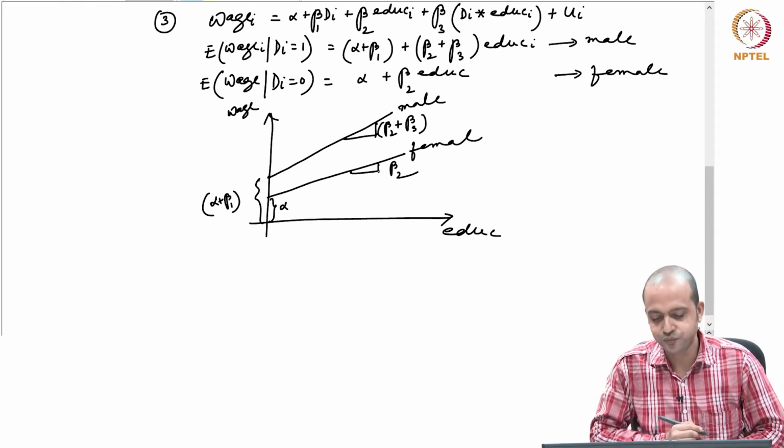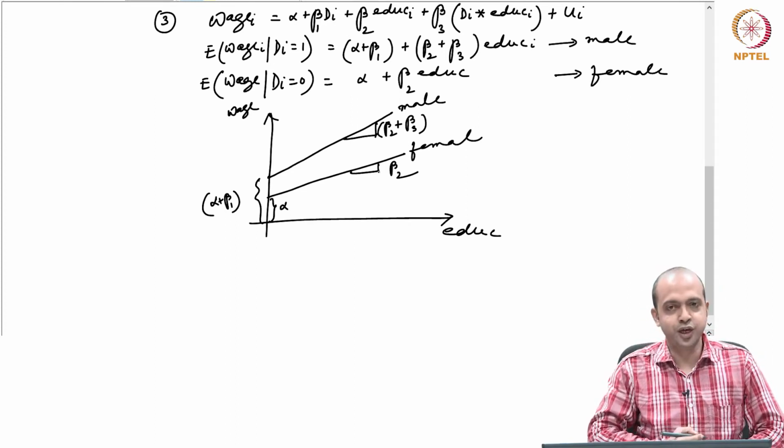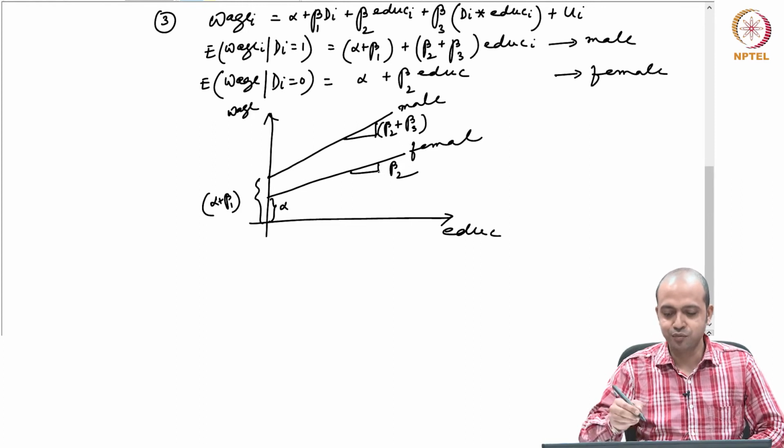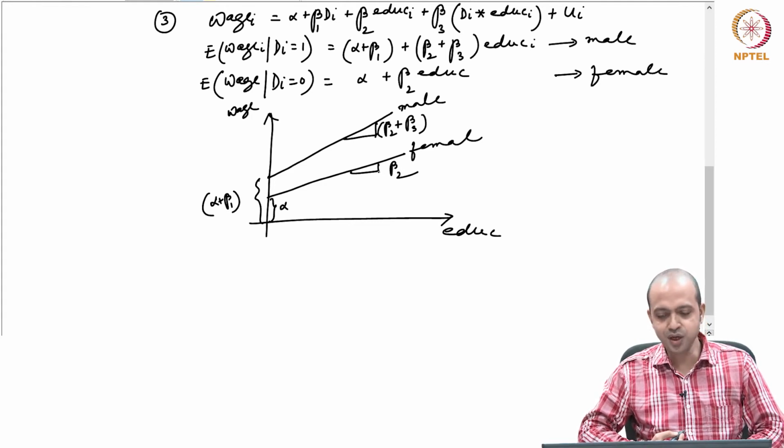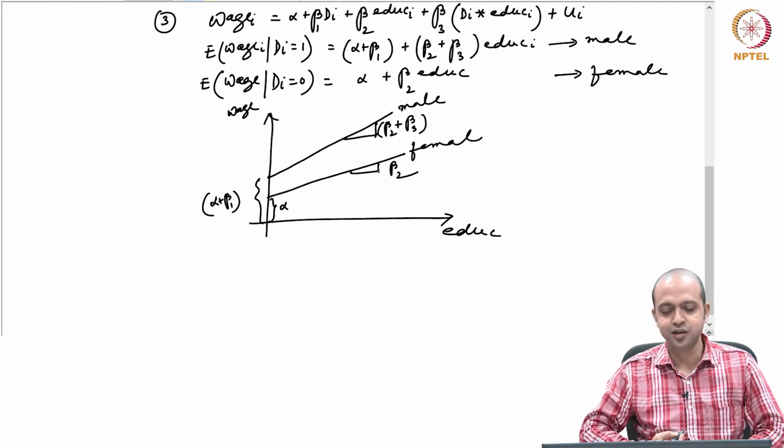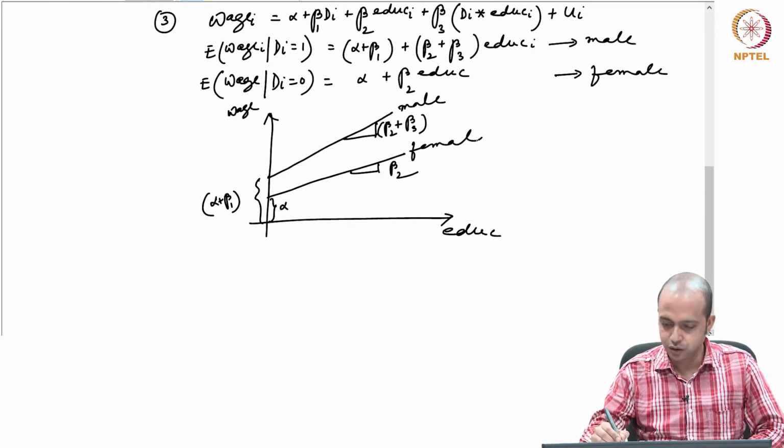So, from this diagram we can easily understand that for extra years of education, male workers enjoy beta 3 amount of extra increment. While both male and female enjoy an increment, the male workers' increment is beta 3 amount higher than the female counterpart.